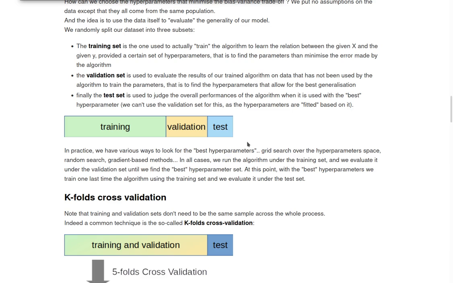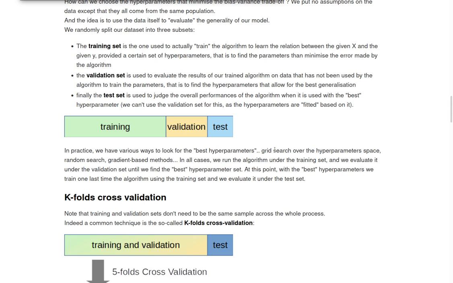And in practice, we have various ways to find these hyperparameters thanks to the validation set. We can make a grid search over the space of the hyperparameters. For example, if we know that neural network layers are in a certain range, we can just go and check every integer in the range, or every 5 in the range if this range is very big.